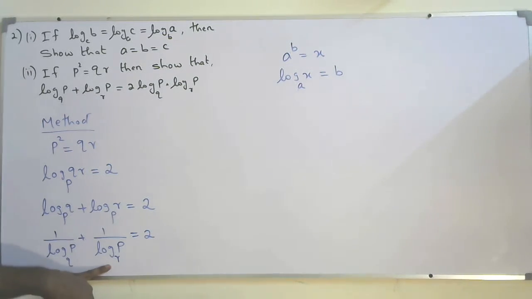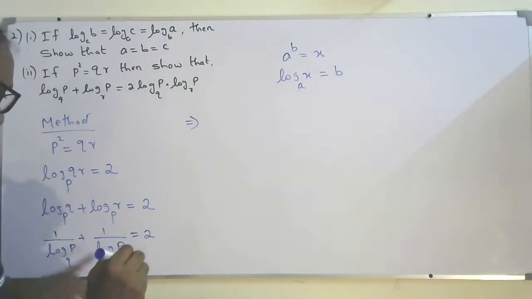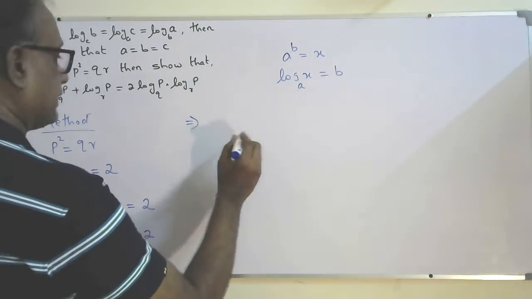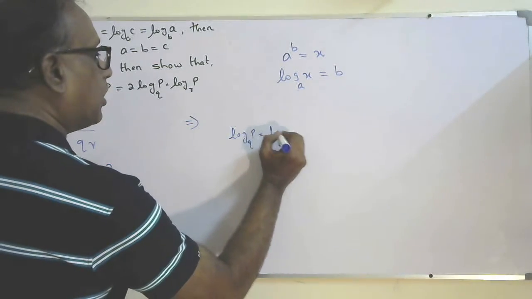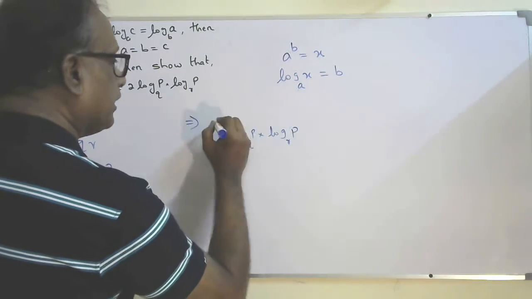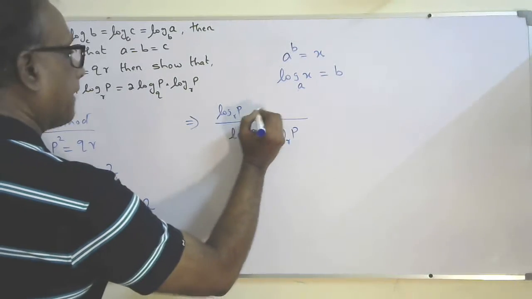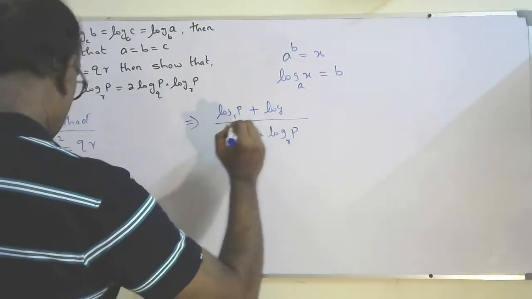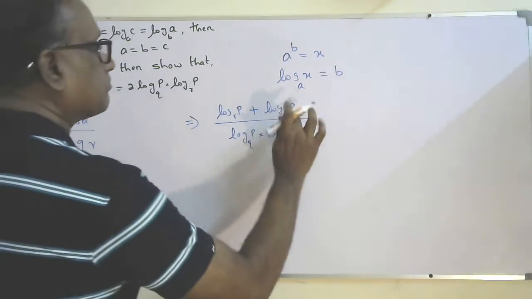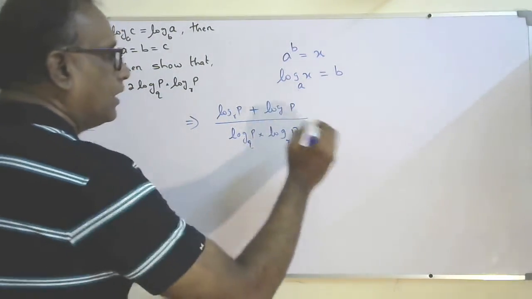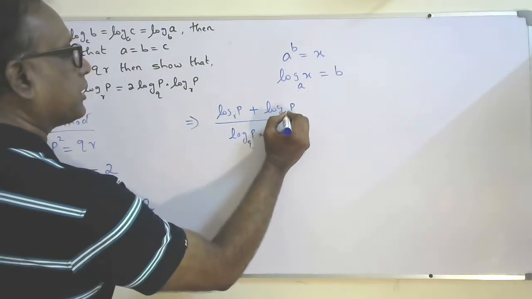Right, so take the LCM. Find the LCM: log Q of P times log R of P over log R of P plus log Q of P. I'm using log Q of P and log R of P as the LCM.